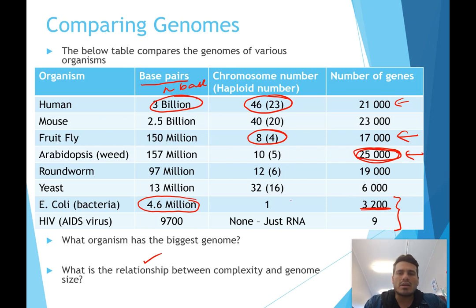Remember, it's all in one chromosome because it has a circular chromosome. Viruses, on the other hand, which are not living, still have genetic material, which is a bit mind-blowing. Well, actually, the HIV virus doesn't have DNA. It only has RNA, which is a little brother to DNA. But they only have about 9,700 base pairs and only 9 genes to make that huge mess that they make.